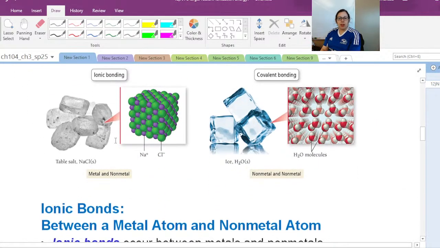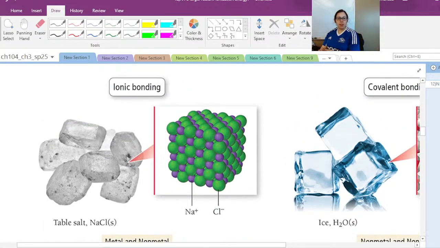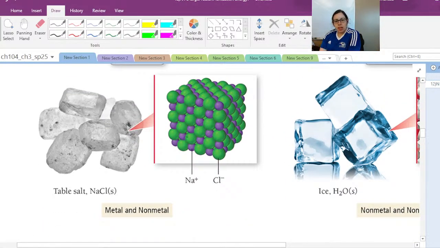And so now, again, we want to understand the distinction between ionic versus covalent bonds. So for ionic bonds, we can think about table salt. And so notice we have our basic formula unit. They're in a 1-to-1 ratio of sodium to chloride. Again, we'll look at how we derive that in just a second.